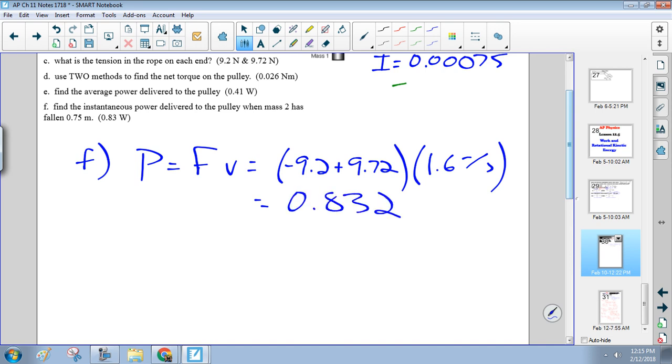0.832 watts. If you wanted to, you could also do torque times the change in theta, and it amounts to the same thing, because we found the net torque in part D. The change in theta would be whatever corresponds to 0.75 meters. Let's do it real quick.